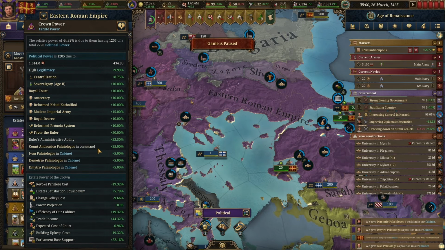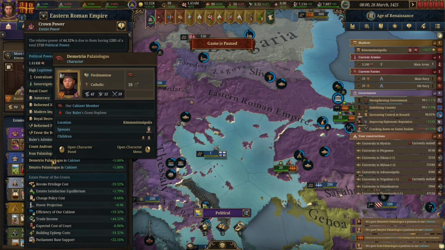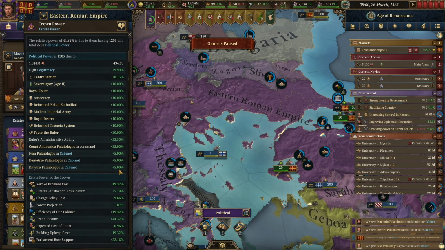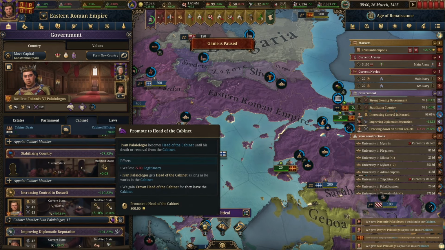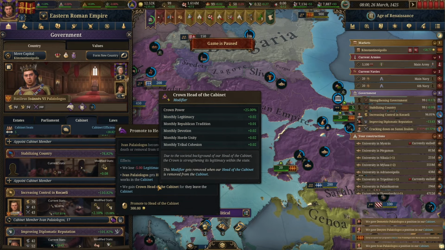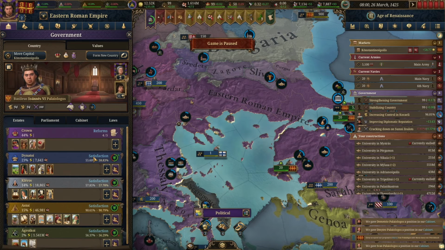For example, any member of your court who's put into either an admiralty or an army gives a flat 25% increase to political power. And then members of your family who are members of the cabinet, again, provide an extra 5%. You can modify that 5% even further by making somebody the head of the cabinet, which will provide a flat 25% crown power.